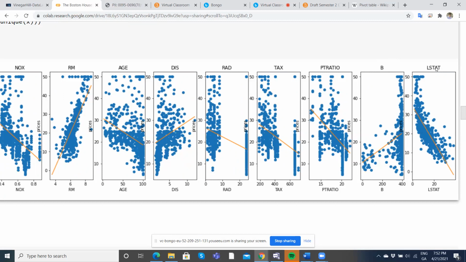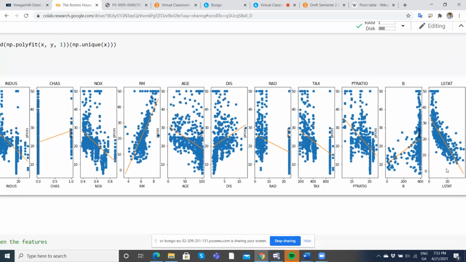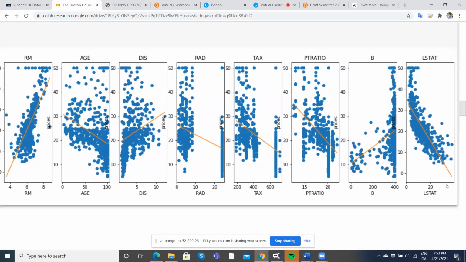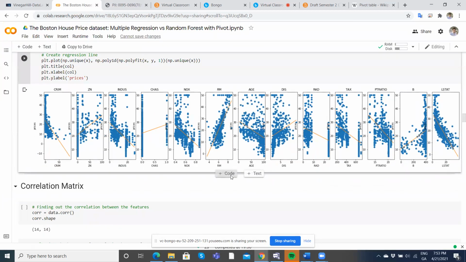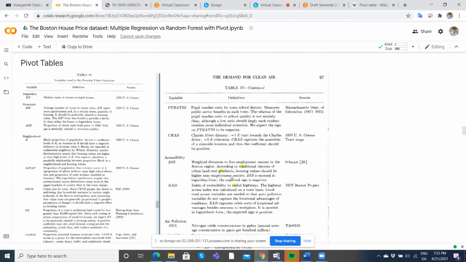And then LSTAT is the lower status, and I think it's the proportion of people who don't have high school education, right? High school diploma. So if you have more people without a high school diploma, the value of the properties seems to fall. Okay. And then we have a correlation matrix.